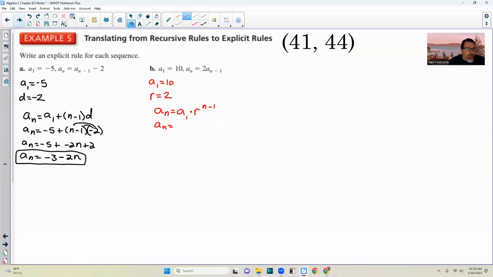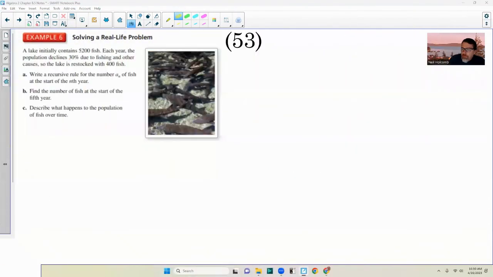Okay, so a sub n is the first term, which is 10 times r to the n minus 1. So here is the explicit rule from the recursive rule and the first term. So a sub n equals 10 times 2 to the n minus 1. Okay, so now you should be able to do problem numbers 41 and 44 in your exercises.